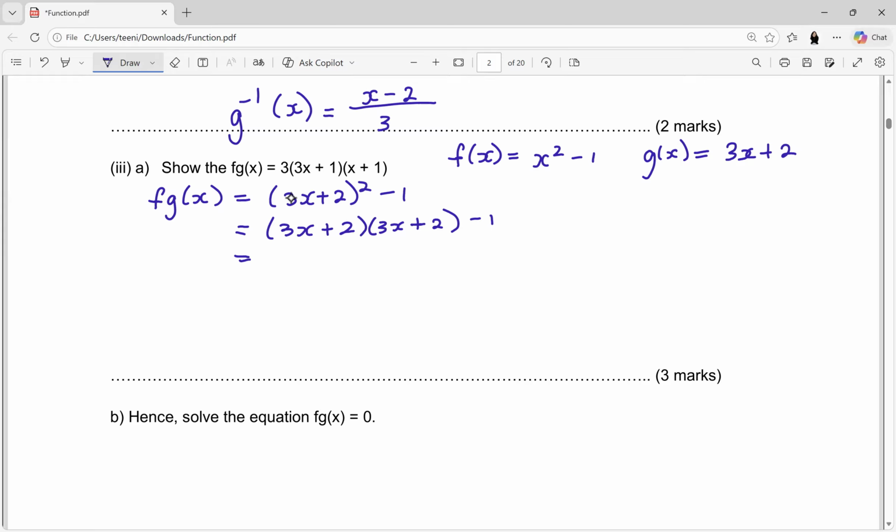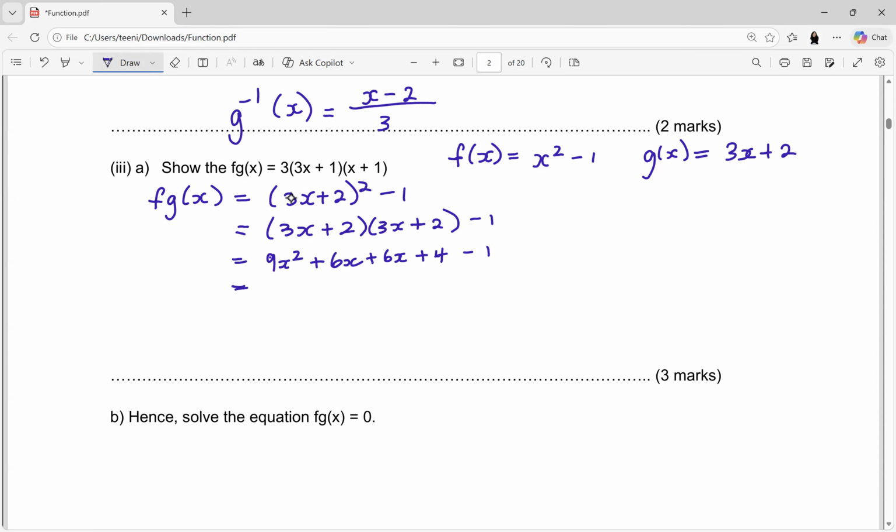Then we expand this. 3x times 3x is 9x squared. 3x times 2 is 6x. 2 times 3x is 6x. And then 2 times 2 is 4. All of that minus 1.